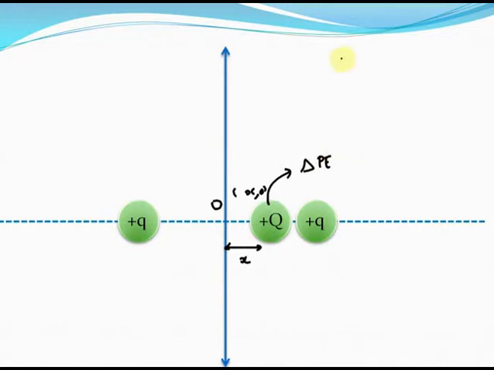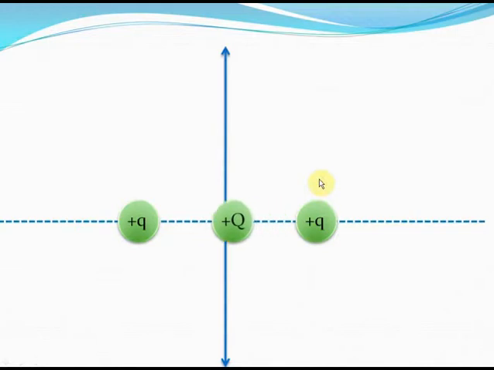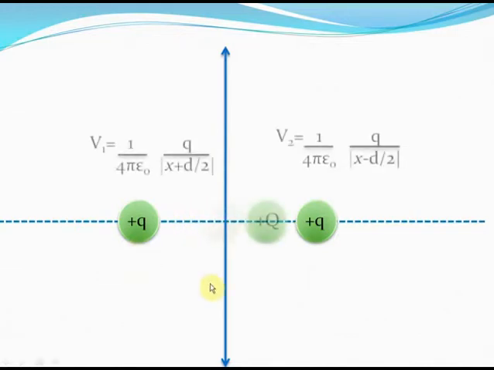An easy way to calculate this change in potential energy is by using the value of potential because of these two positive point charges. We had discussed earlier that the potential due to this charge would be 1 by 4 pi epsilon naught into mod of x plus d by 2, and the potential due to the second charge would be 1 by 4 pi epsilon naught into x minus d by 2.